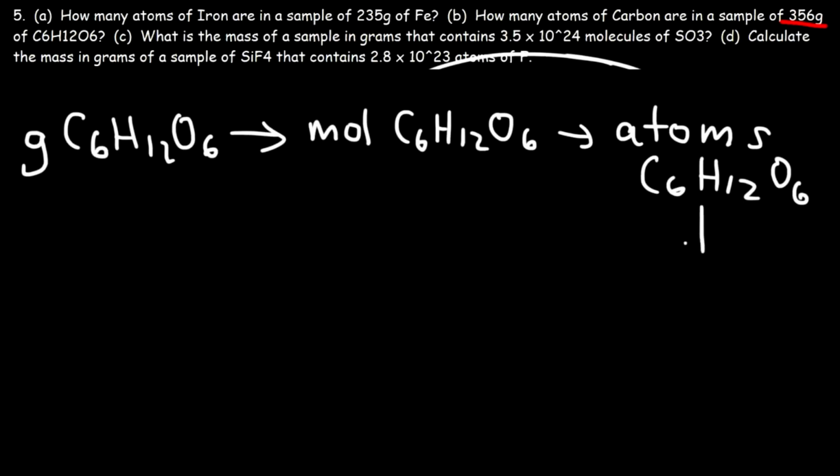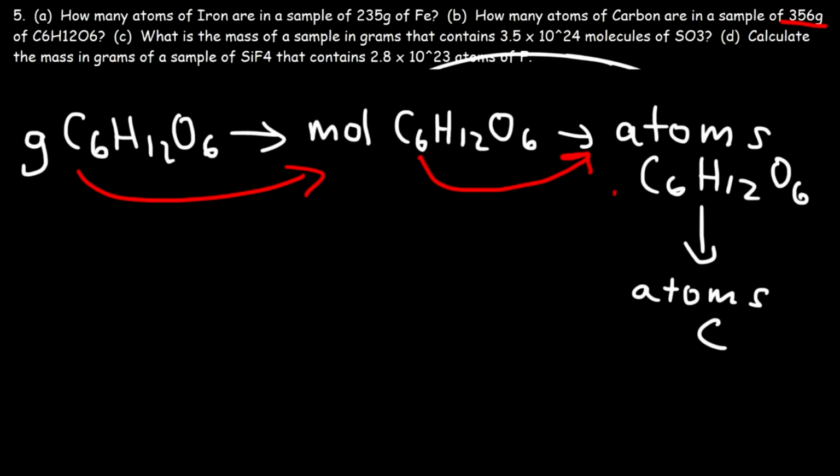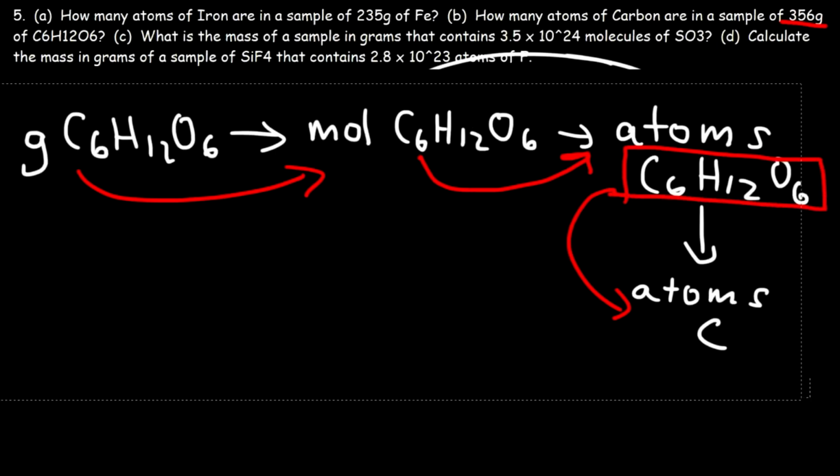And then once we have that, we need to change the substance. So we're going to convert glucose into carbon. So the first step, we need to use the molar mass. For the second step, Avogadro's number. For the third step, we need to use the formula that we have here. So let's go ahead and begin.